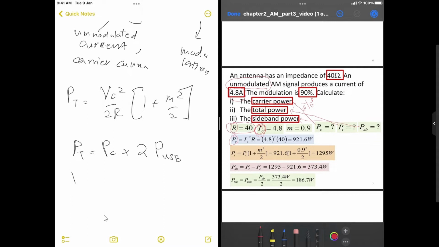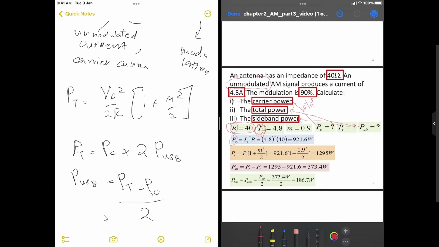So you can use PUSB is equal to PT minus PC, and you divide it by 2, and you get the sideband power over there.